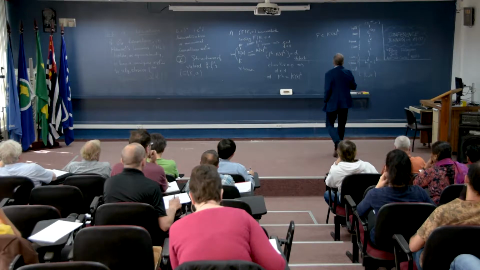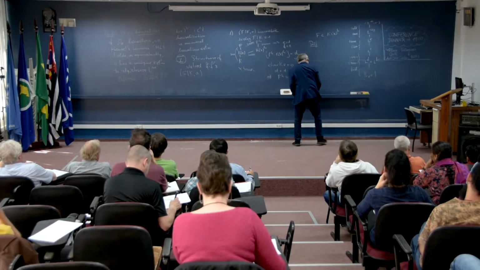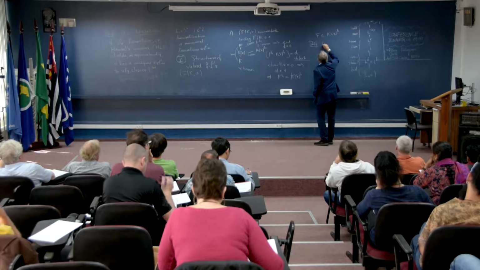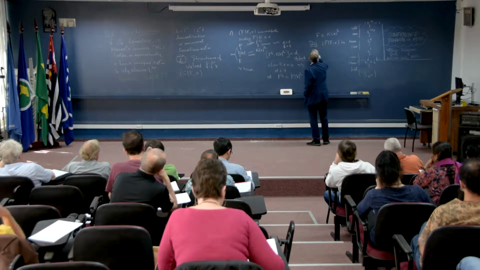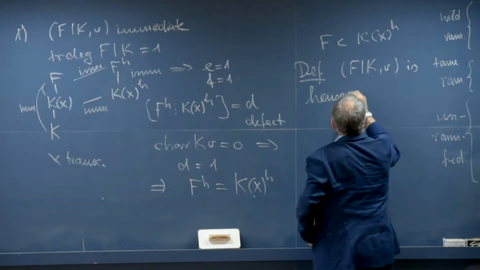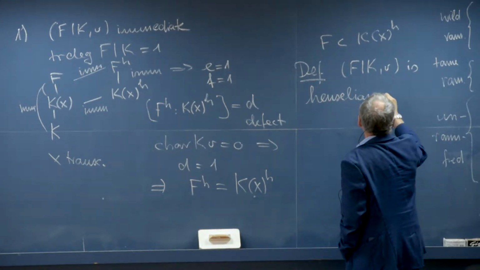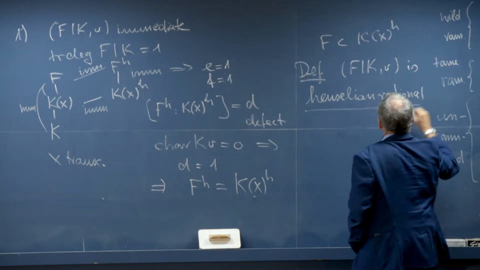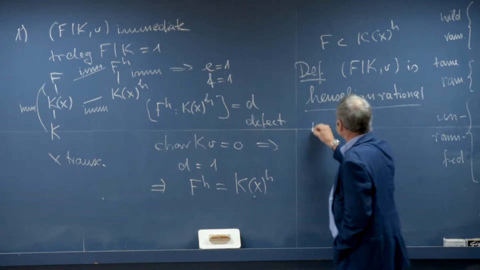Okay, and this leads to the following definition. This valued function field is Henselian rational. So it's, so to say, Henselian after rational, after going to the Henselization. And now let's do this definition in general for any transcendence degree.